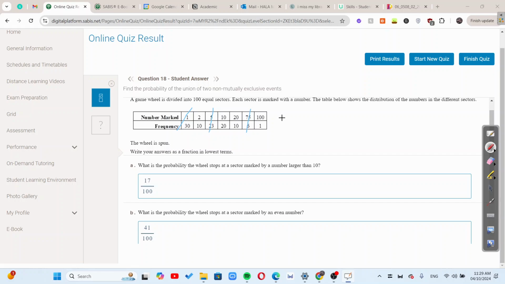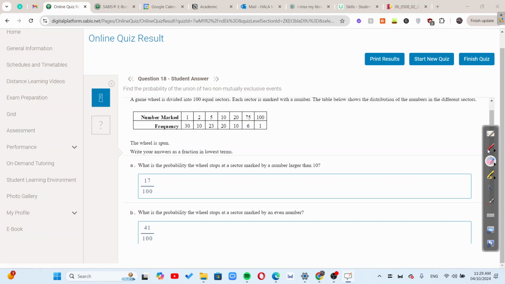So now you need to add all the numbers that are even, or their probabilities, or the frequencies. So you add 10 plus 20 plus 10 plus 1, which, quick math, 10 and 10 is 20, 20 plus 20 is 40, and 40 plus 1 is 41, and it's over 100 because you have 100 equal sectors. So that's how you solve this part.